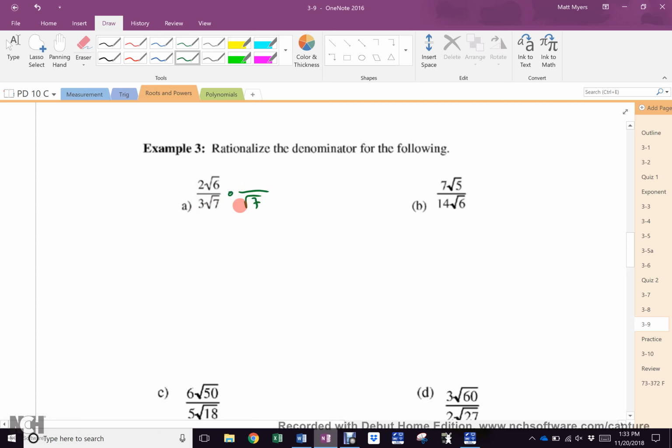But if I multiply by root 7, that's going to change this value, isn't it? But if I multiply it by that, which is what value really? Root 7 over root 7. What is that value really? 1. If I multiply by 1, does that value change? Does the value change? No. Does the look change? Yes.